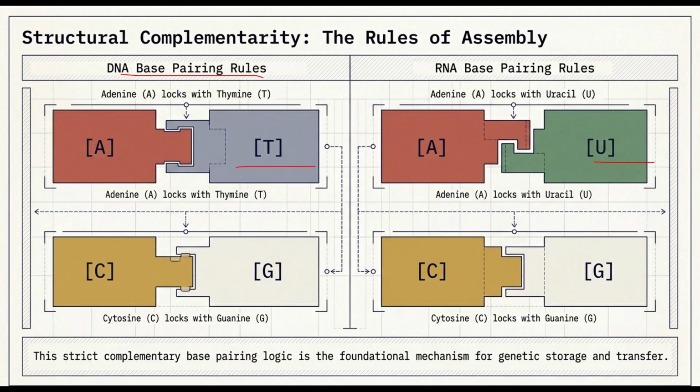As we mentioned, adenine pairs with the thymine and the cytosine pairs with the guanine. And in RNA, adenine pairs with the uracil and the cytosine pairs with the guanine. So this strict complementary base pairing logic is the foundational mechanism for genetic storage and transfer. Got it?